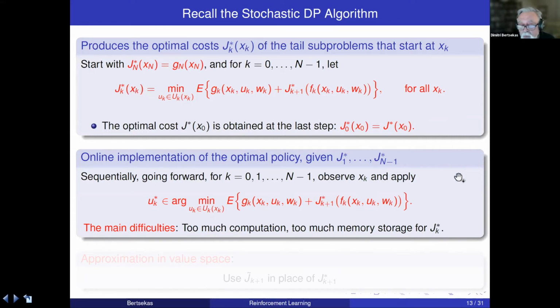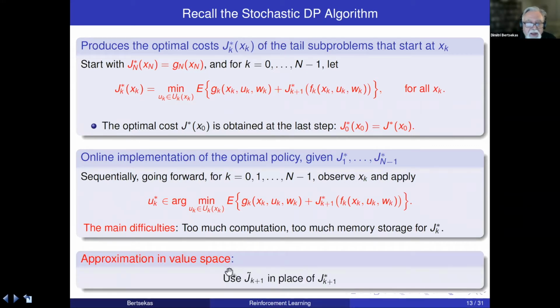The lookup tables would be too big. So the whole point in reinforcement learning is to simplify this calculation without losing too much optimality. And in particular, approximation in value space uses a J tilde function, however obtained, in place of J star for each one of these time periods.